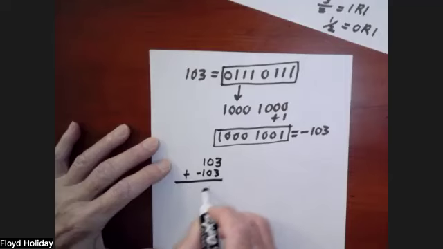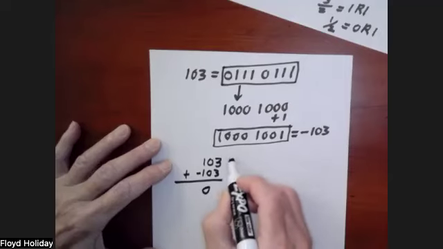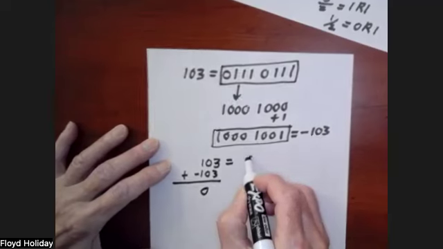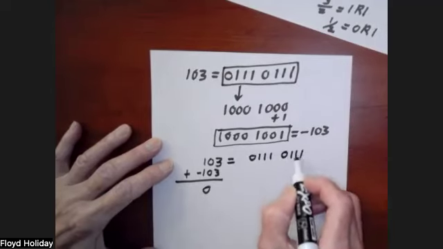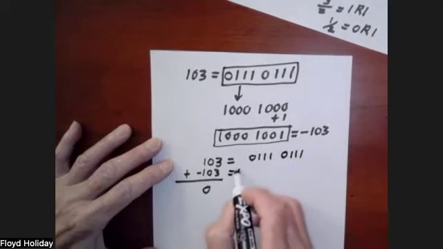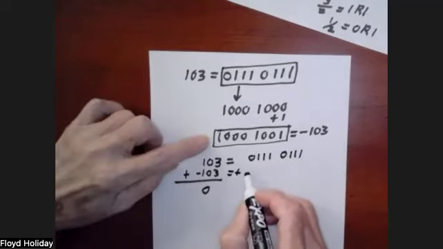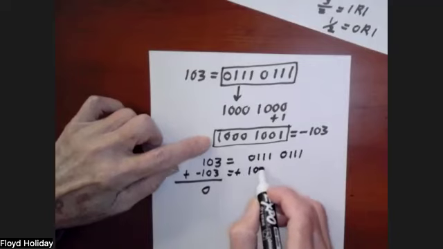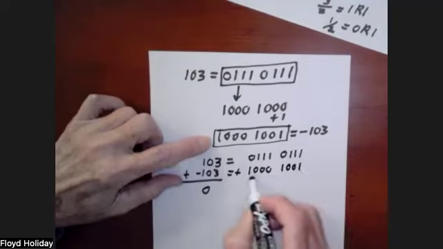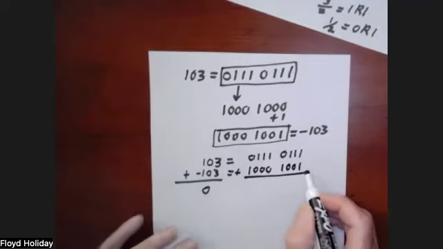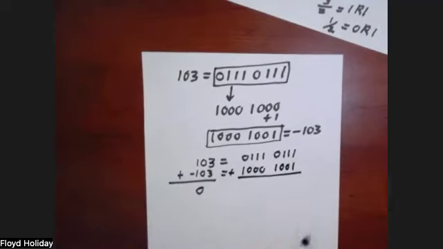That had better be 0. Now, let's put it here. 0, 1, 1, 1, 0, 1, 1, 1. And here, 1, 0, 0, 0, 1, 0, 0, 1. So in algebra, if x plus y equals 0, then y is negative x.